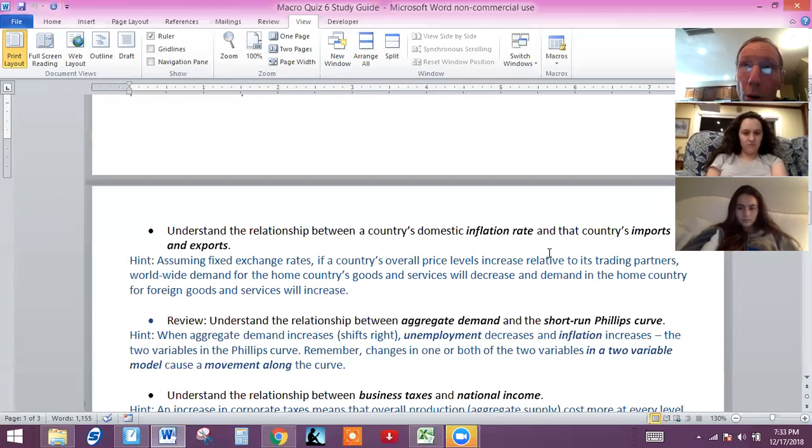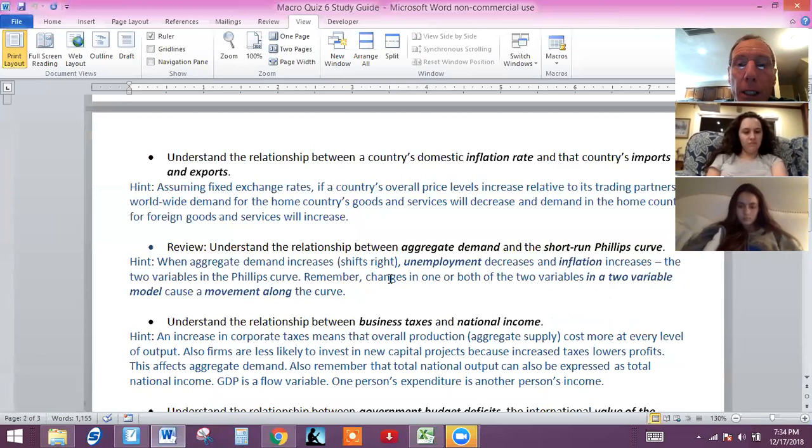Whichever country has the highest inflation rate is going to export less and import more. It just makes common sense. Okay.